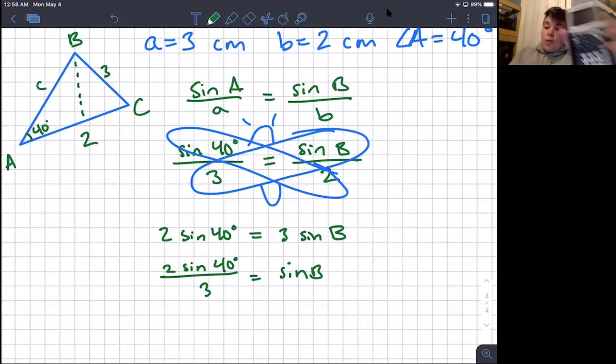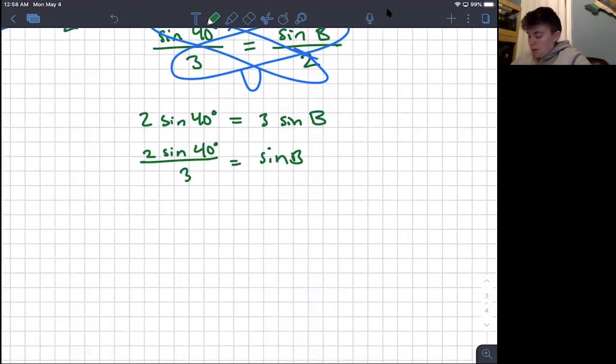Okay, so what I need to do, that is obviously not on the unit circle. I don't know that angle. That sine does not show up on the unit circle that I'm aware of. So I need to use my inverse sine button.